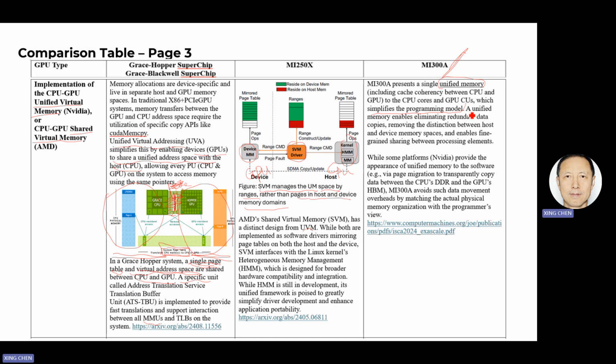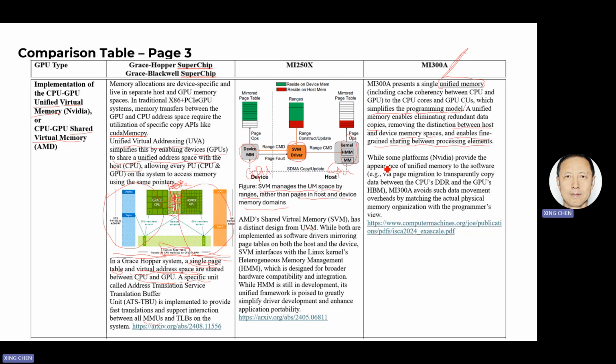A unified memory enables eliminating redundant data copies, removing the distinction between host and device memory spaces. So you have only one hierarchy rather than two, and it enables fine-grained sharing between processing elements.